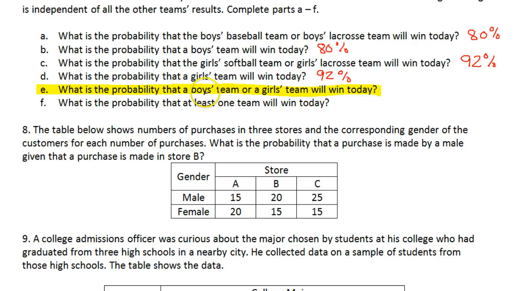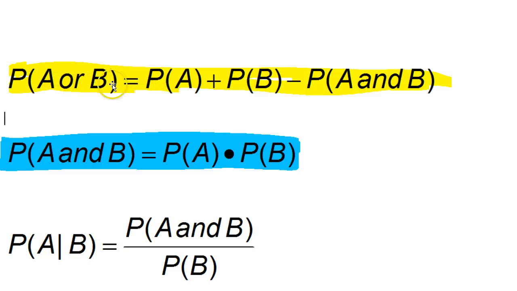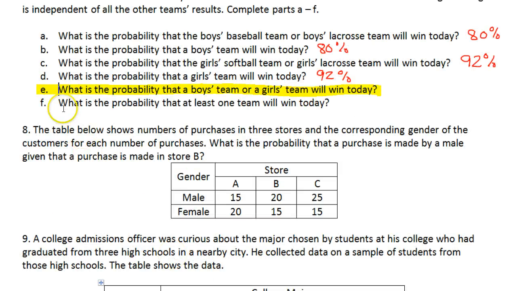Alright, it's going to be the same thing all over again. We're going to start off using the OR formula, where we add but subtract the overlap. So, probability that boys or girls. This time I'll use B for boys and G for girls.